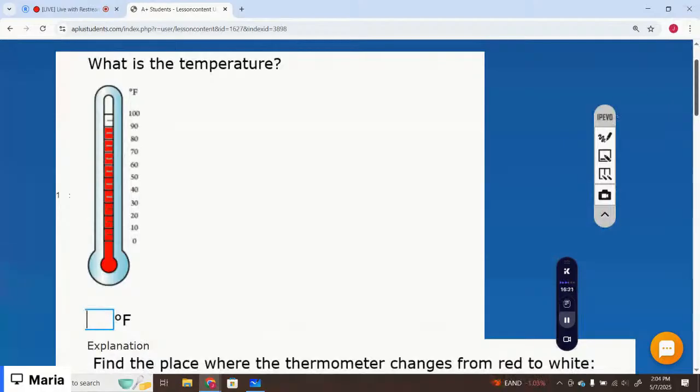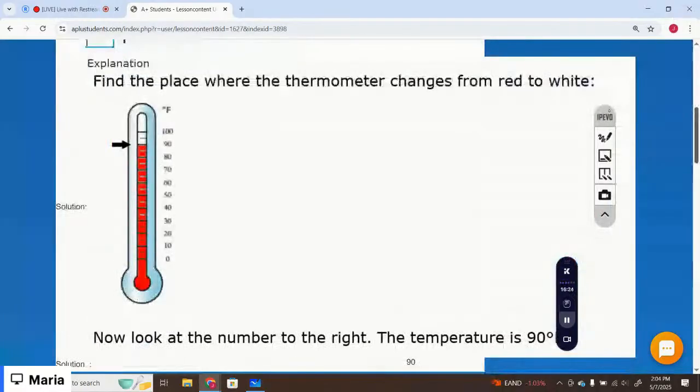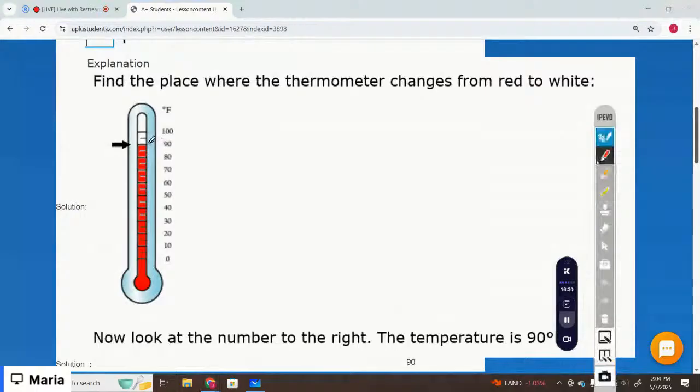So how do we read the thermometer? We need to find the line where the color is changing from red to white, right? Just look at this line and then match it to the number. This is the line where the color is changing from red to white. So that is 90 degrees. So the temperature is 90 degrees F, Fahrenheit it is. Got it?